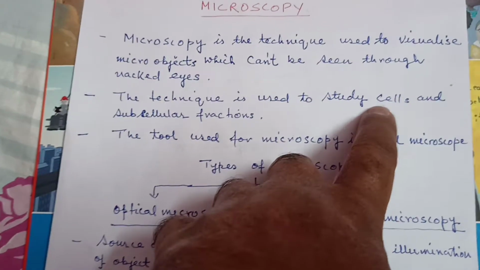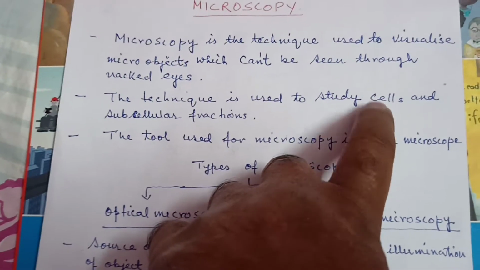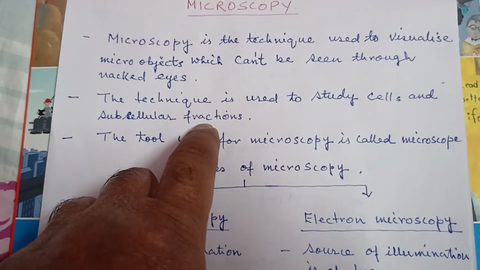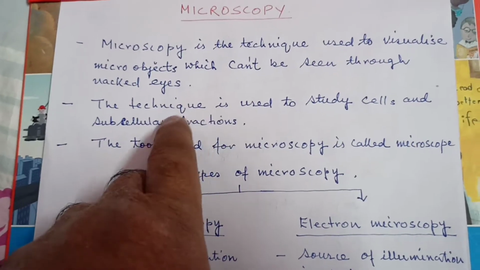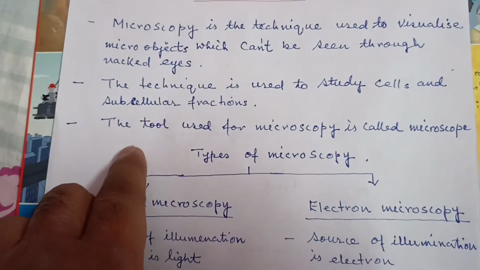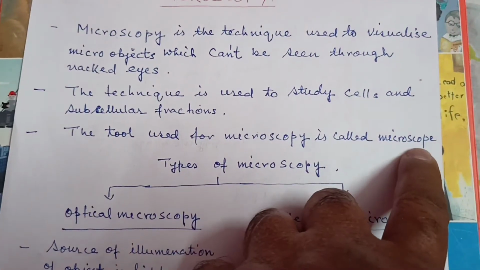The cells, particles, molecules or cell organelles present within the cells can be visualized by using microscopy, and the tool used for microscopy is called a microscope.